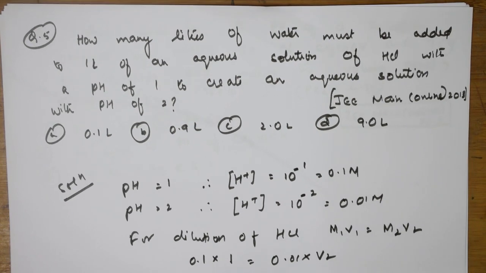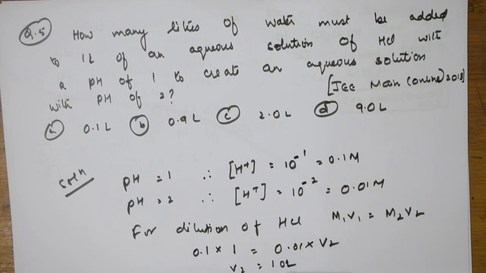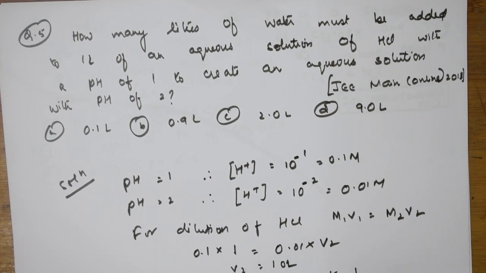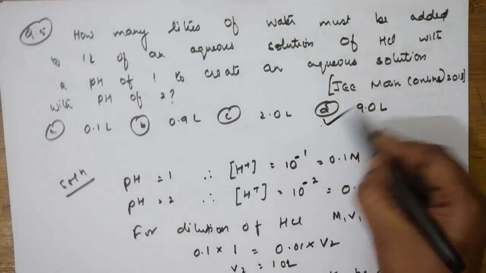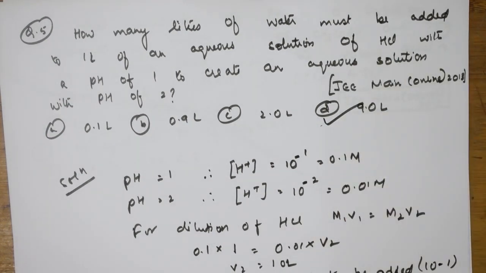It's easy, isn't it? If I solve, V2 is 10 liters. But now the volume of water to be added, because they've asked how much must be added to 1 liter, becomes 10 minus 1, that is 9 liters. So the correct option is 9 liters, right?